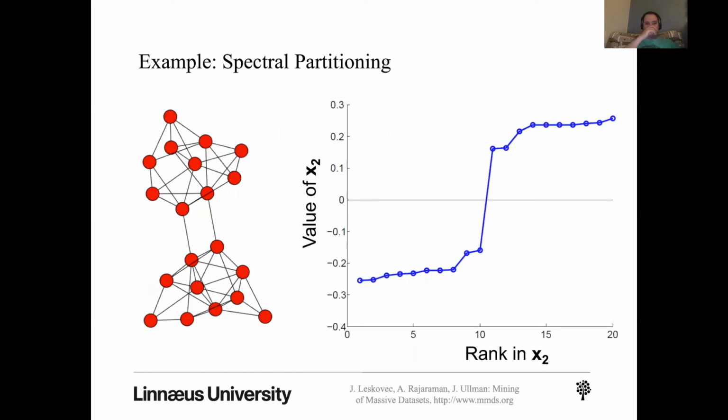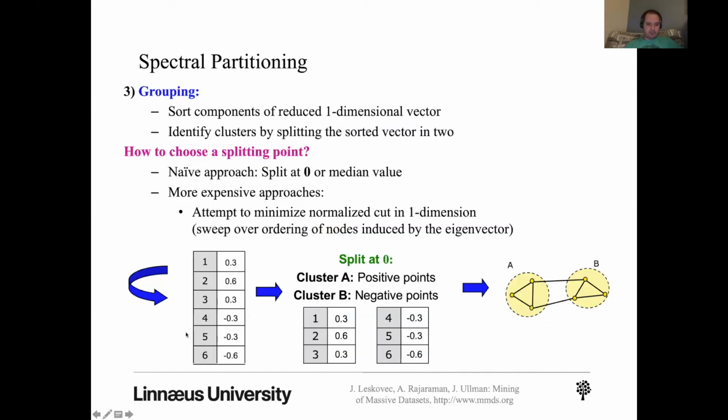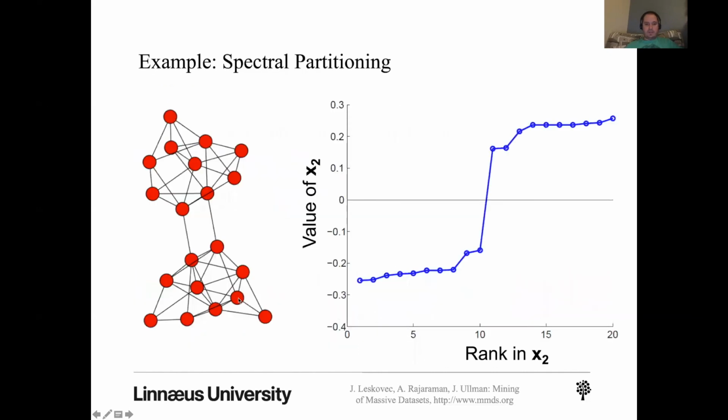These are some examples of graphs and how their spectral partitioning looks in a graph. For example, this graph over here: these are the values of x2, and x2 here is the second eigenvector. The rank is simply an ordering of the points, and the value is the actual value.